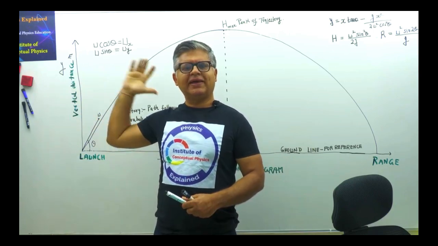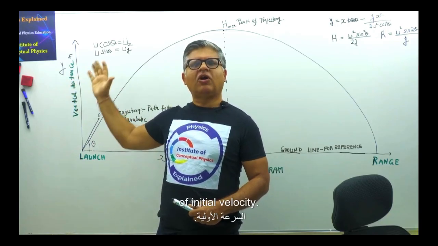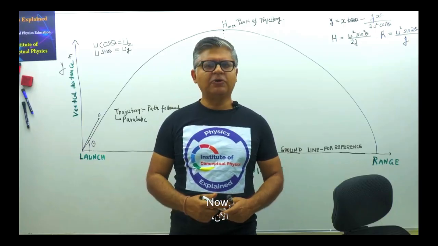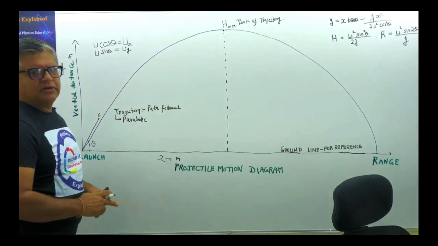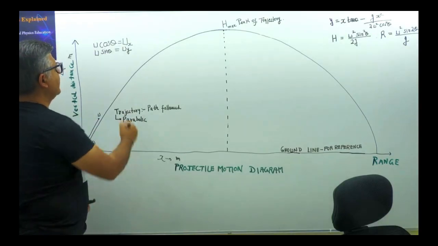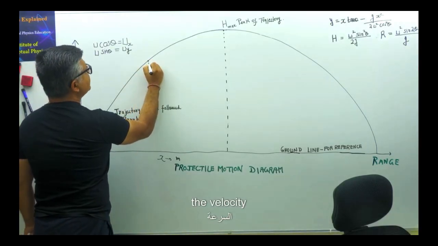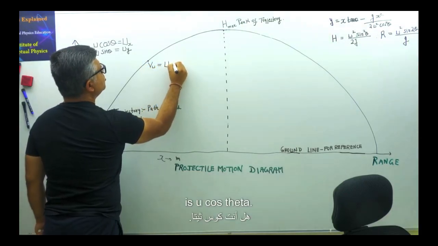We are starting with initial velocity. We have already done the division of initial velocity. Now, second, what happens at a time t? At time t, for example, the body reaches here, the velocity in the x-axis is u cos theta.